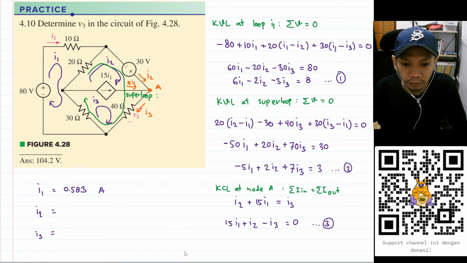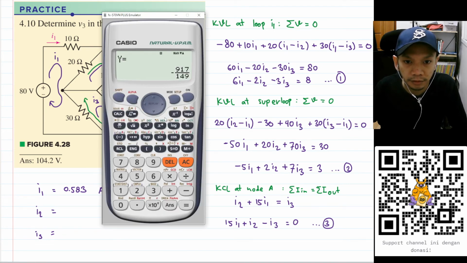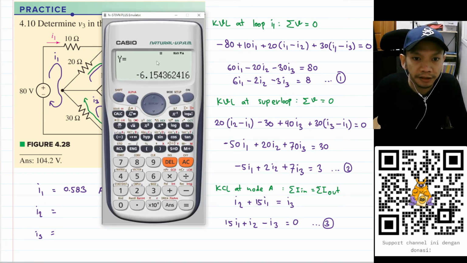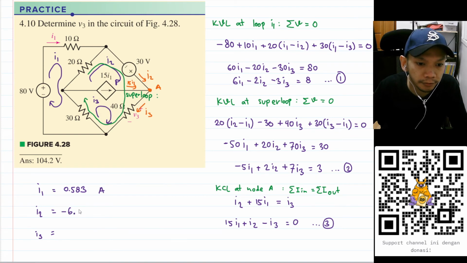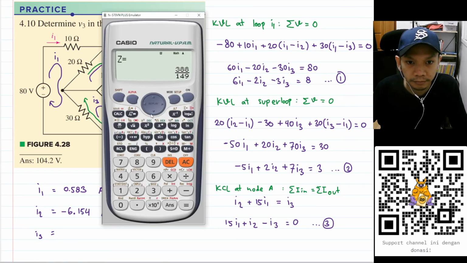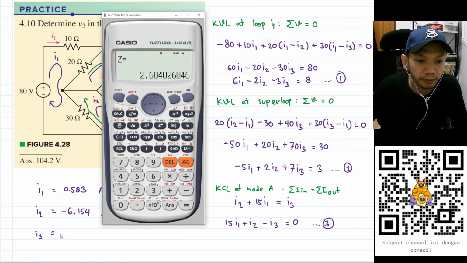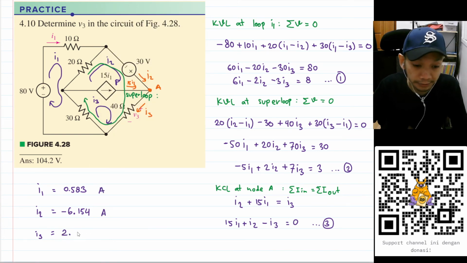And then I2 will be minus 6.154 ampere. Then I3 is just 2.604, and the unit will be ampere.